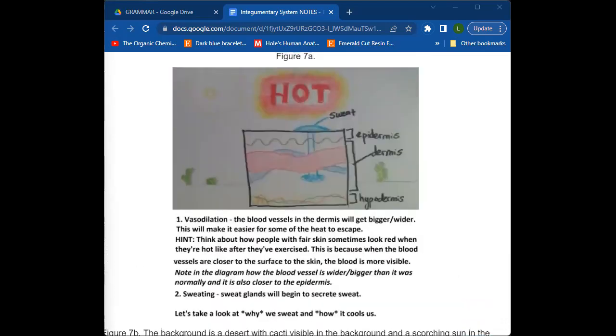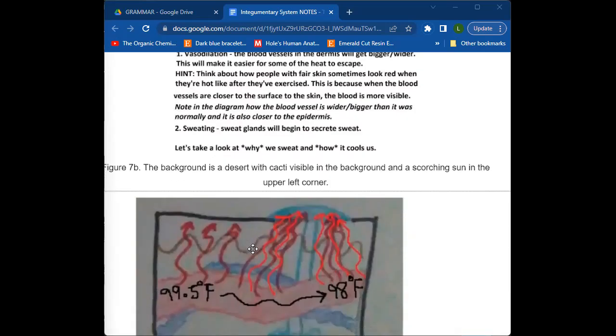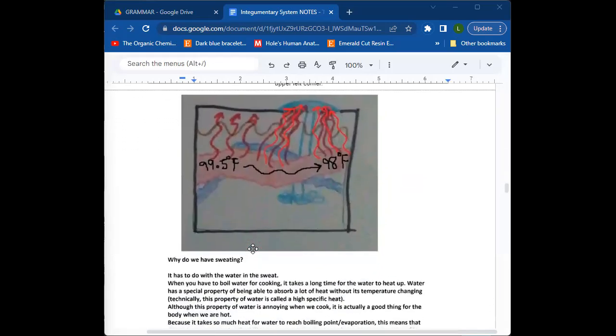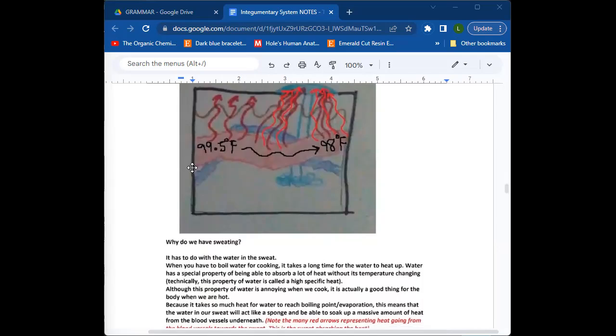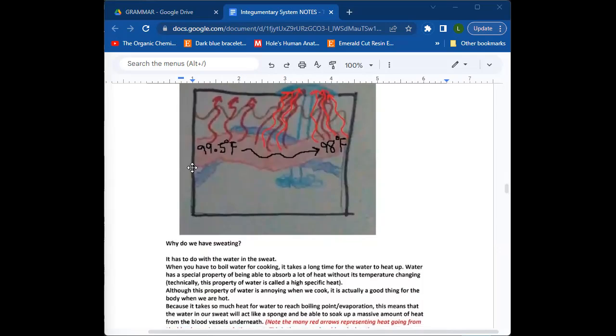Then the second response by the body is going to be sweating. So we need to know exactly what the sweat is doing to keep us cool. It actually has more to do with the water in sweat. When you have to boil water for cooking, like to make pasta or to make hard-boiled eggs, it takes a long time for the water to heat up.